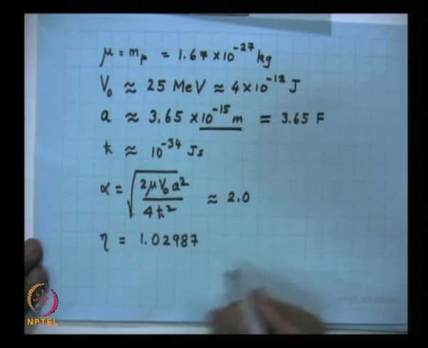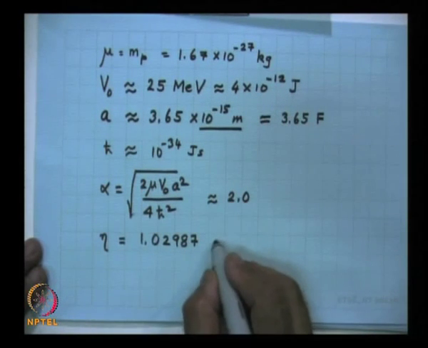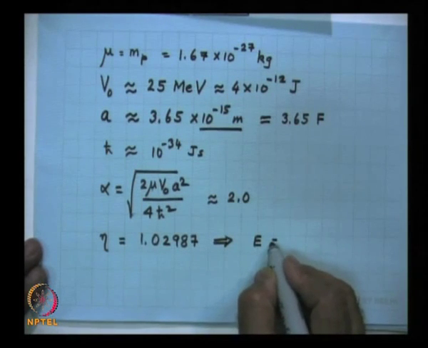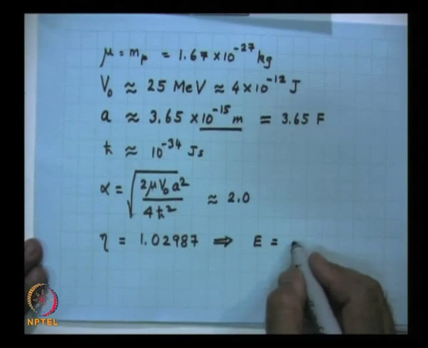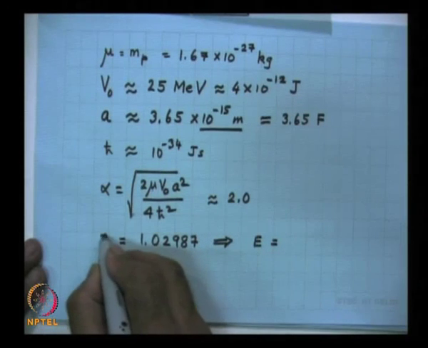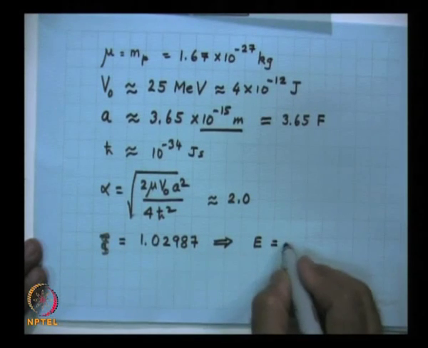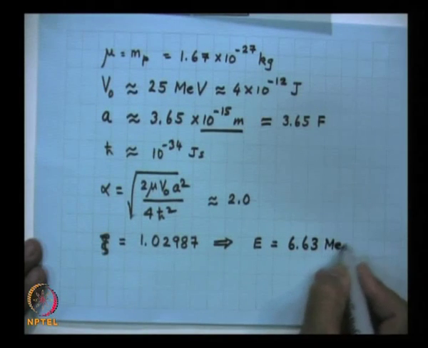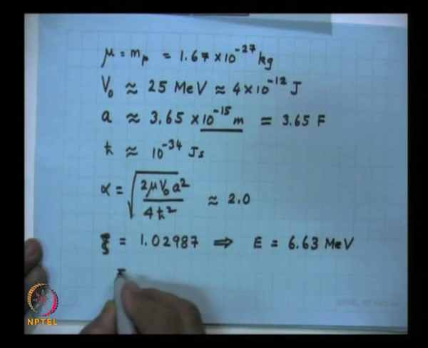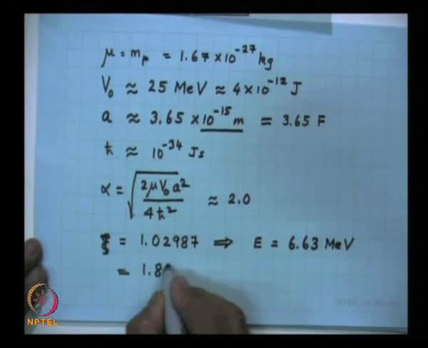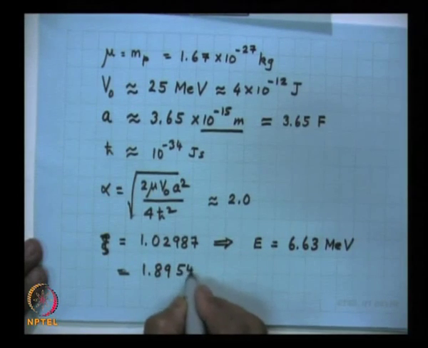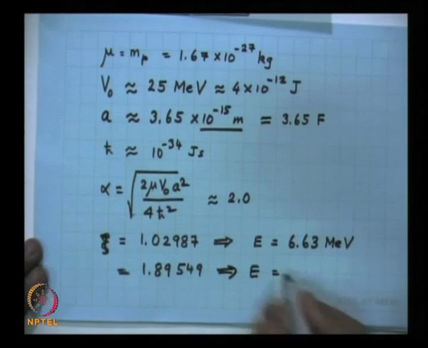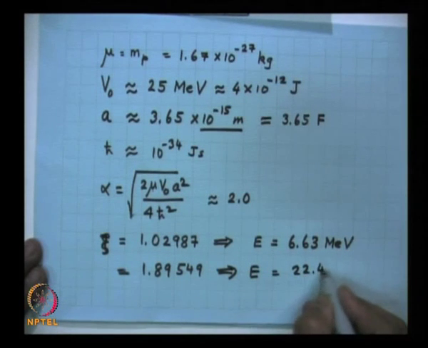It can be obtained very easily, and the corresponding value of E comes out to be, I am sorry, this is the value of xi. This comes out to be 6.63 MeV, and the other value is 1.89549. The corresponding value of E is 22.45 MeV.